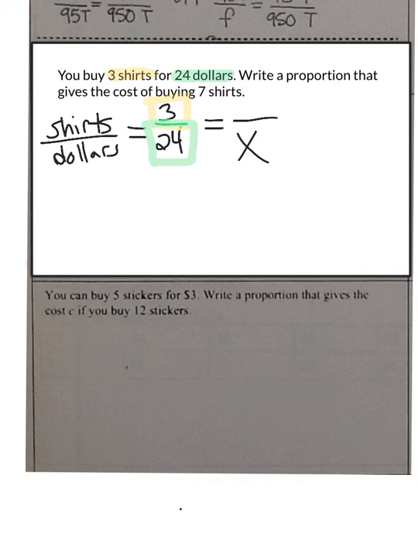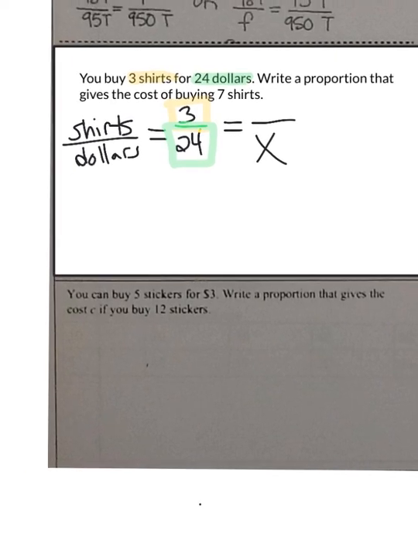We don't know, but we do know how many shirts. So you see my shirts row. I'm going to put a 7 here because it is 7 shirts. Again, you can see I set up my proportion, shirts to dollars. I know I got 3 shirts for $24, but now I want to know how much it's going to cost if I have 7 shirts.